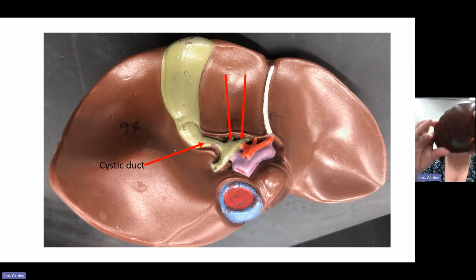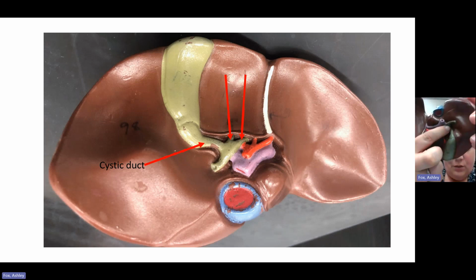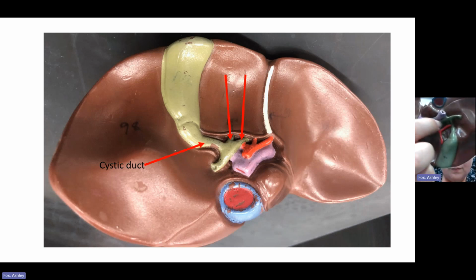Then we have two branches. Right here, you can see two little branches coming out of the liver. This one's longer, this one's shorter, but you can see the two little ones right there that are separate from the cystic duct.